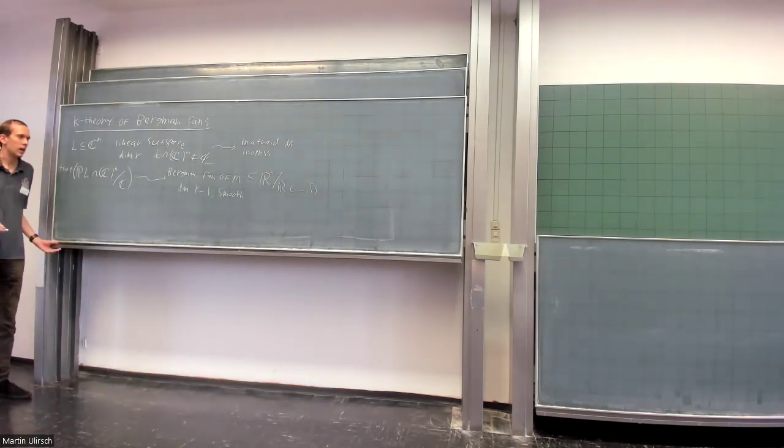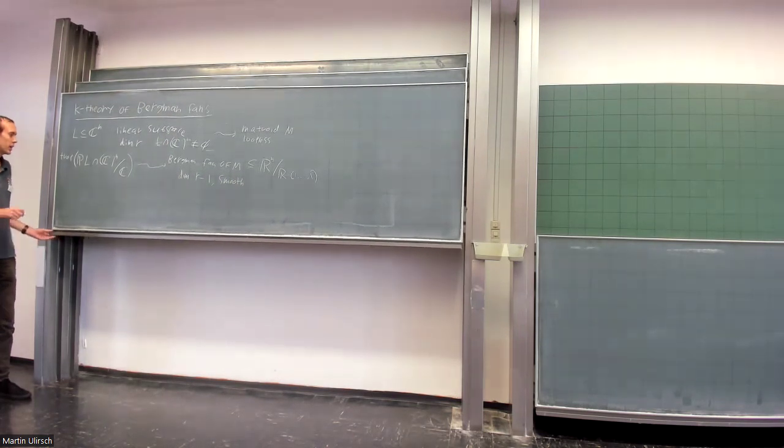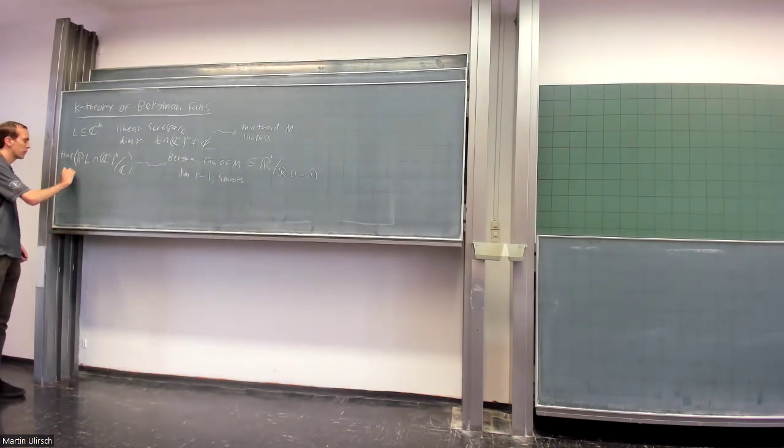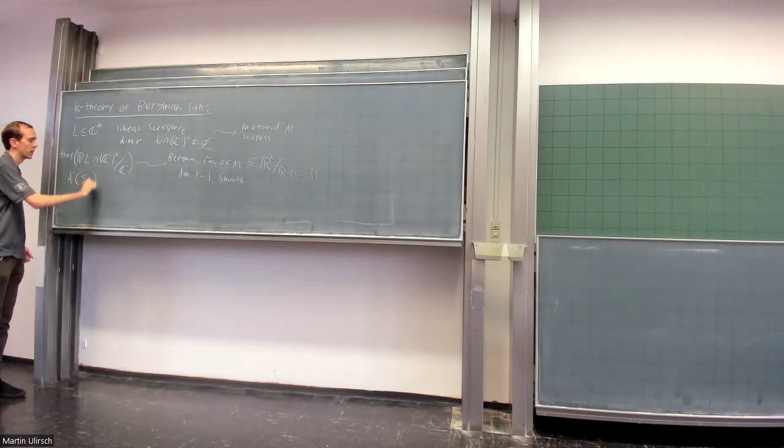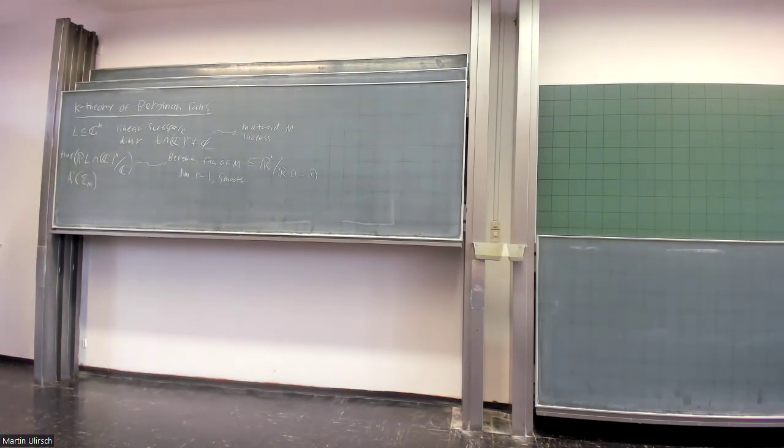Okay. And you can consider the Chow ring of the Bergman fan, or of the toric variety corresponding to the Bergman fan. So this is a graded ring associated to this fan.